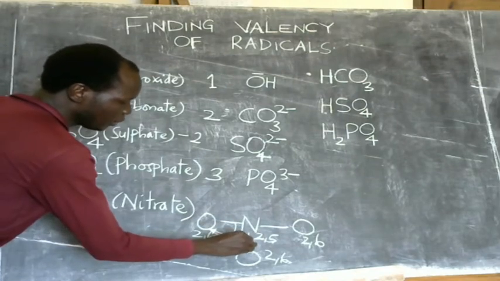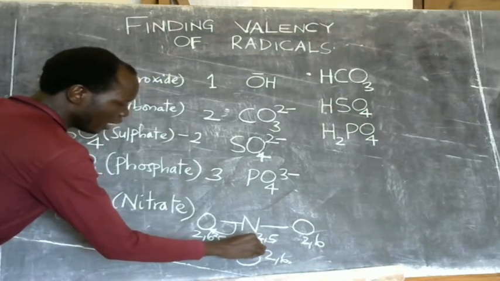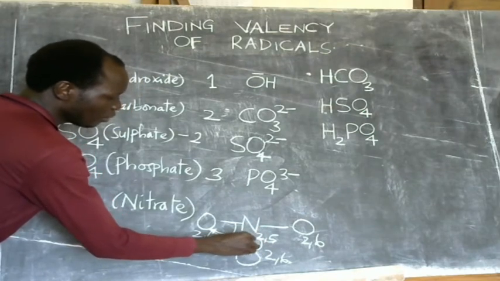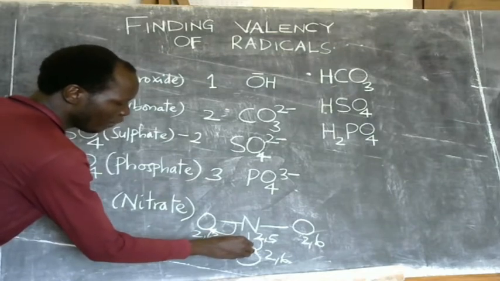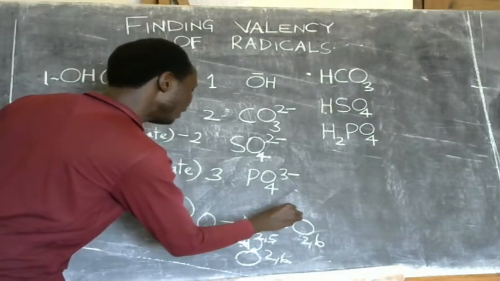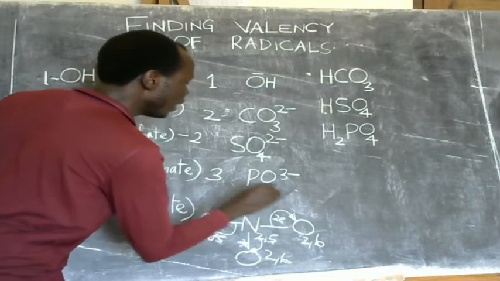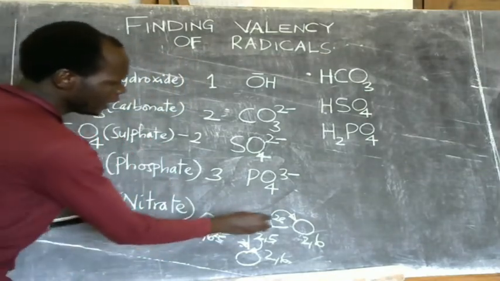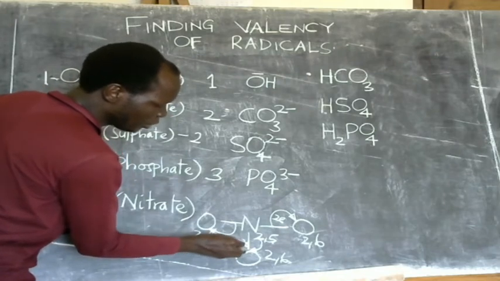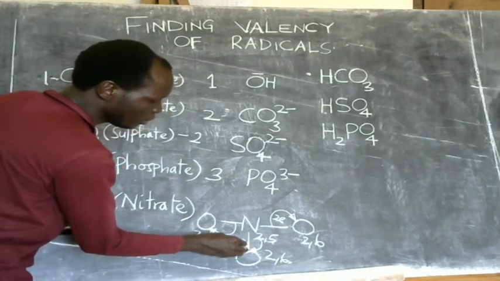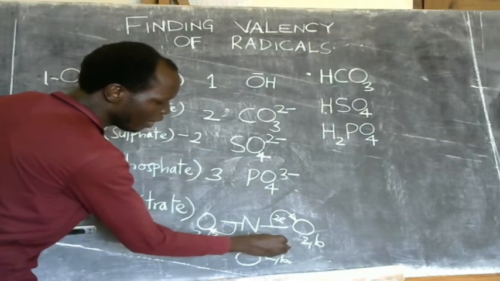This one also takes 2 electrons from nitrogen. So the total is now 2 plus 2, giving 4. This one is supposed to take 2 electrons also, but it has taken only 1, because of this 2 plus 2 making 4 electrons, and out of 5 you remain with only 1.